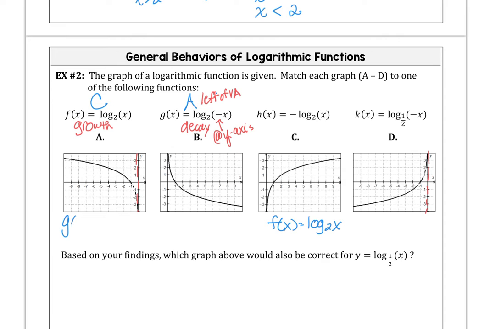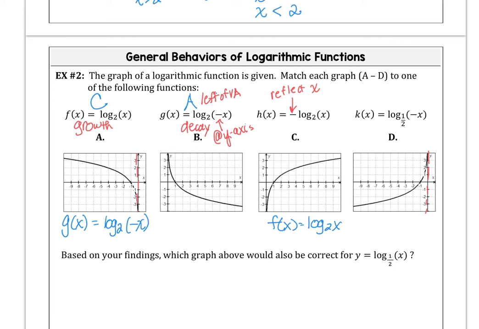This is g of x, log base 2 of negative x. Graph C has a negative in front of the logarithm, so that negative is going to reflect our graph over the x-axis, this negative here.